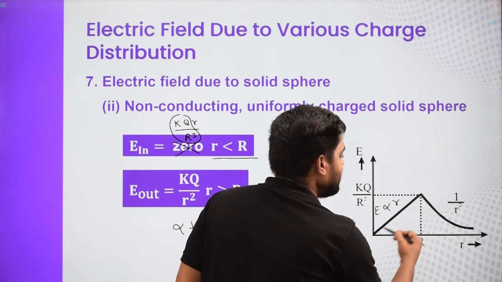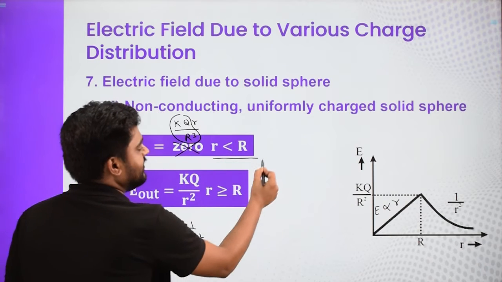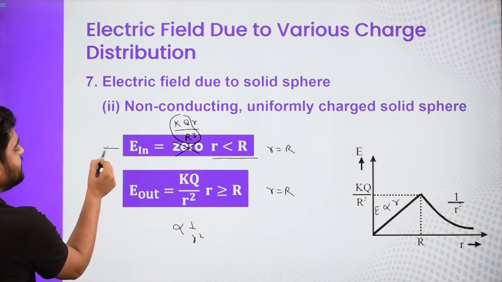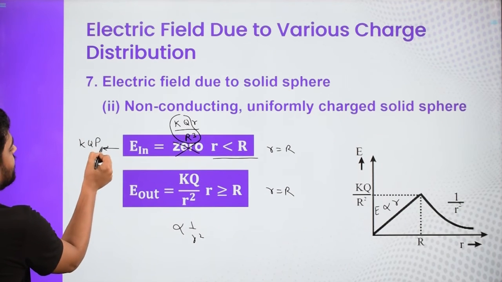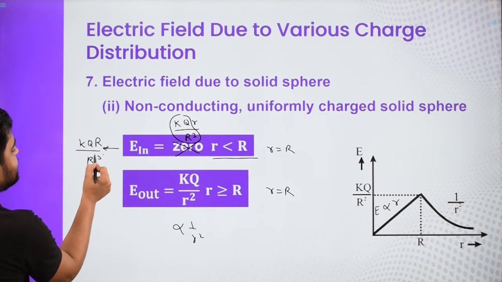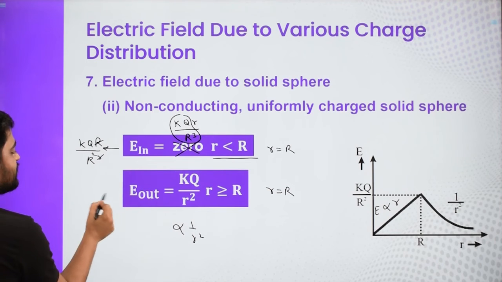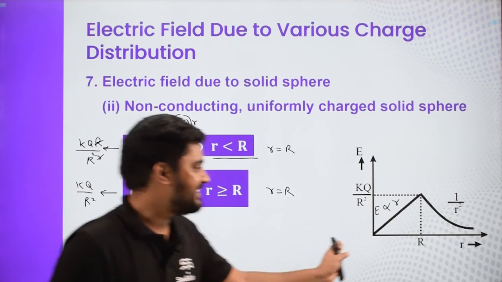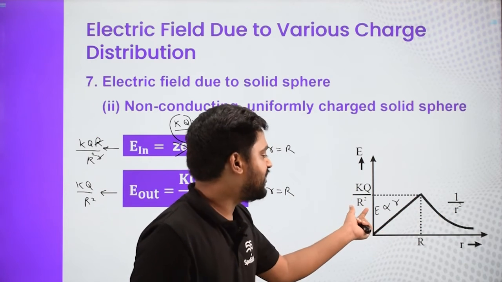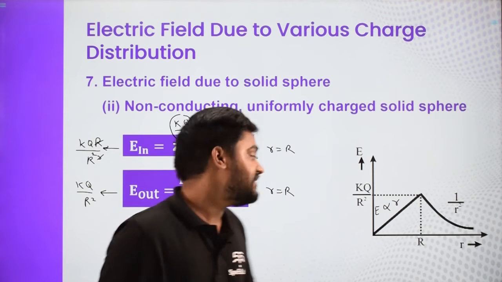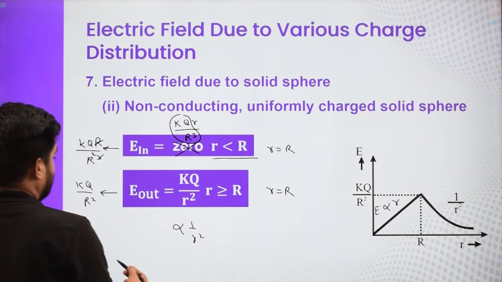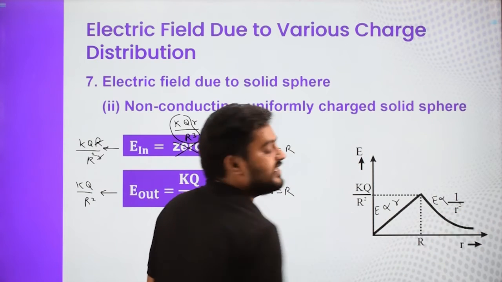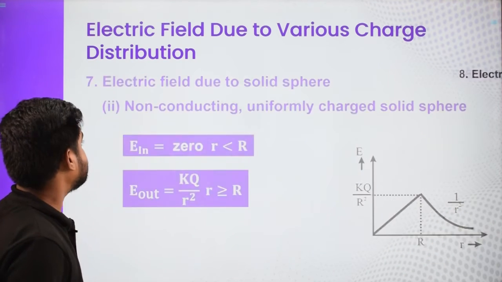So it will increase, and if you put small r equal to capital R in both of them, the first becomes KQR by R cube, so that is KQ by R square, and this also becomes KQ by R square. So both the values match, so it rises all the way up to KQ by R square, and then it decreases to 0 as it reaches towards infinity. The field is going to be 0.